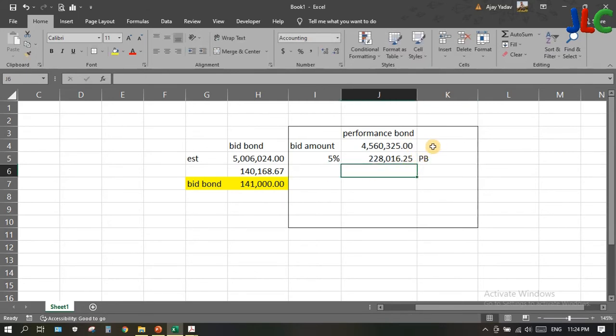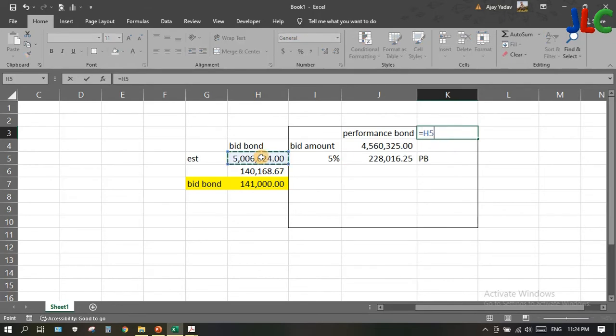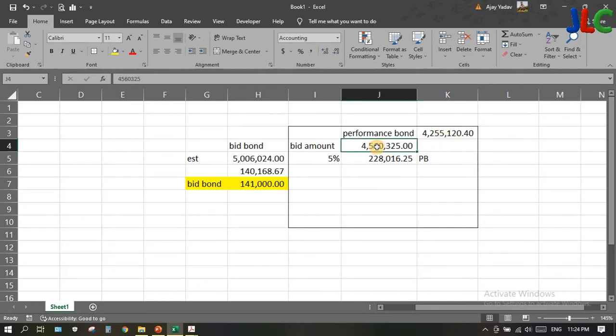Now we need to check if we require additional PB. To check this, we will have to consider the estimated amount times 0.85. Now see, 85% is 42 lakhs, but the bid amount is 45 lakhs. Since the bid amount is more than the 85%, this will be our final PB.